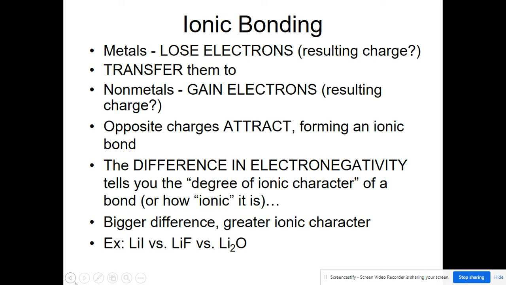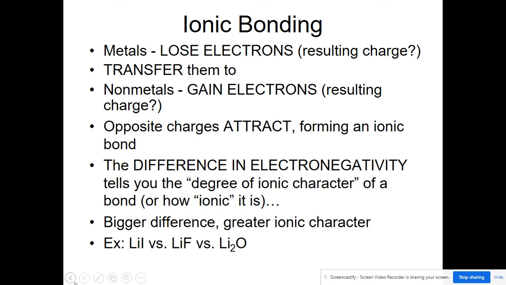And we can kind of tell this by seeing how far apart they are from each other on the periodic table. So if we look at lithium iodide, lithium is in the second period. Iodine is all the way down in the fifth period. That's pretty far apart. Lithium and fluorine are in the same period, and lithium and oxygen are also in the same period.